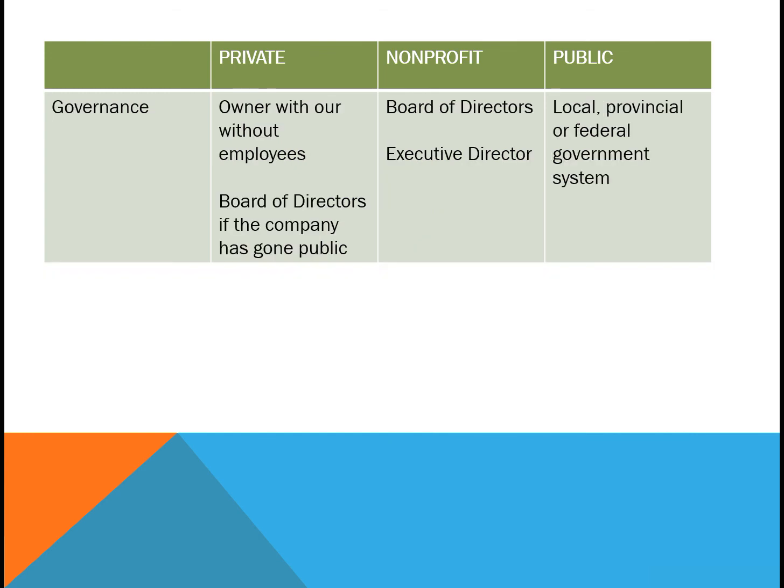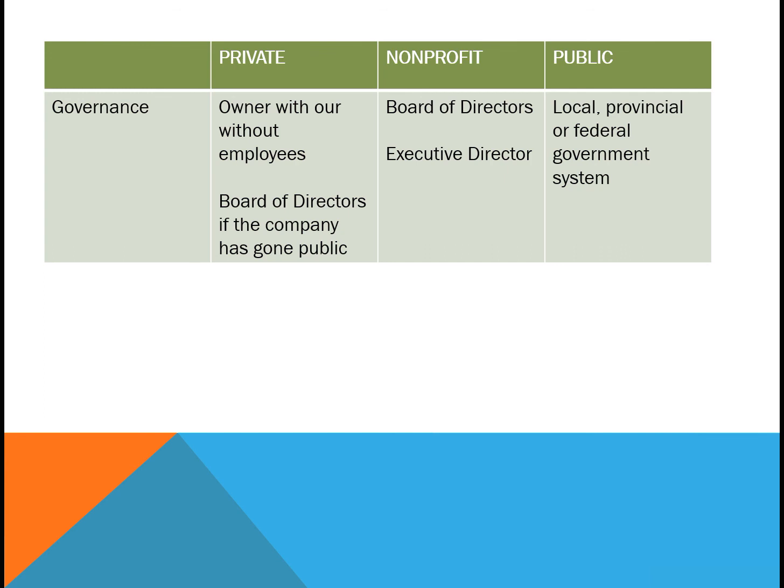And finally, governance is different between the three sectors. In the private sector, it could be an owner, like a sole proprietor, with or without employees. Or it could range to a multi-million-dollar company with a board of directors and shareholders, gone public.